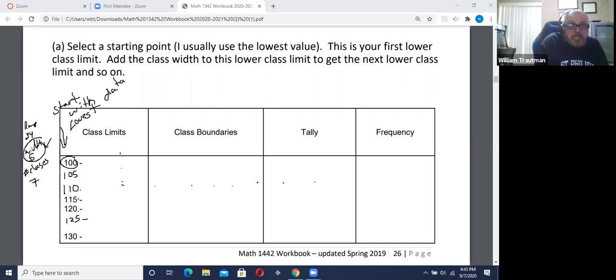Now the upper class limits, remember, if 105 is our lower class limit for the second class, then we have to have 104. Do you see, in the first class, you have to fit in all the data. It can't be the same as the lower class limit for the next class. Here, if this is 110, this has to be 109. And once again, if you subtract these two, you get 5.